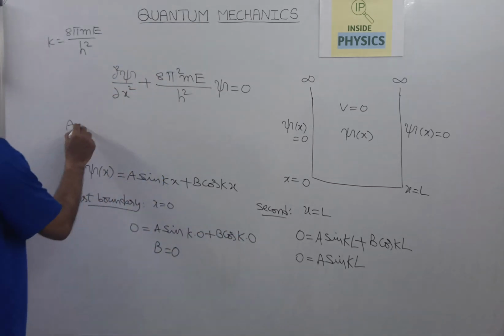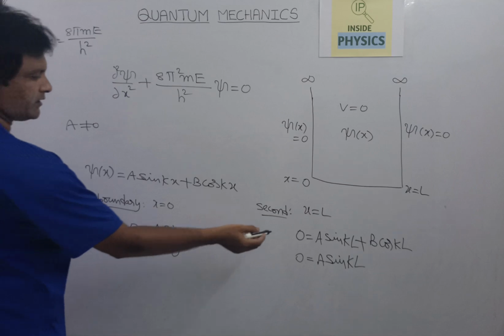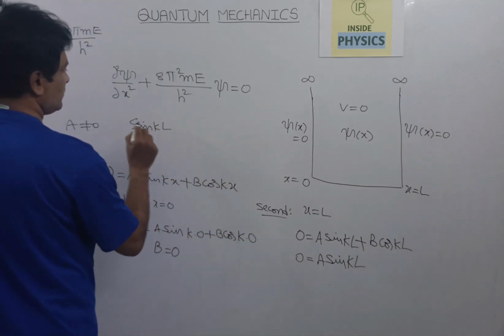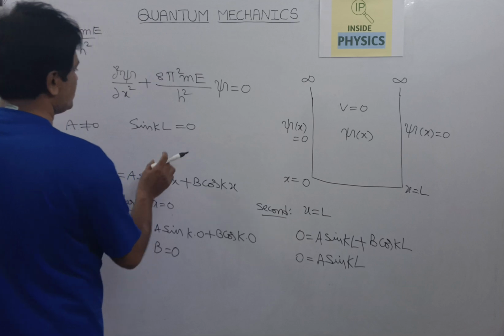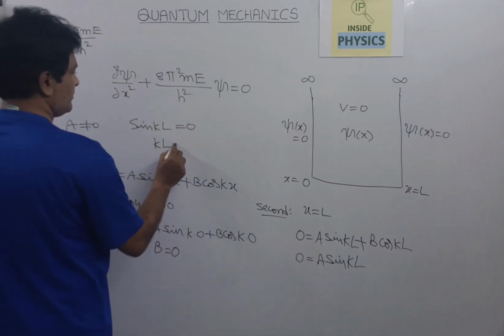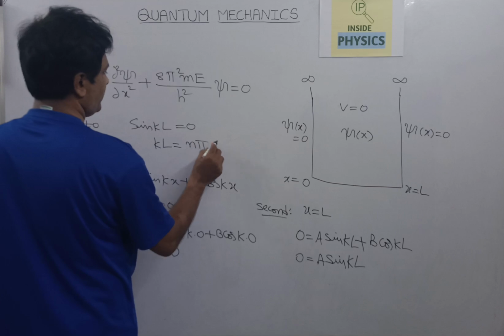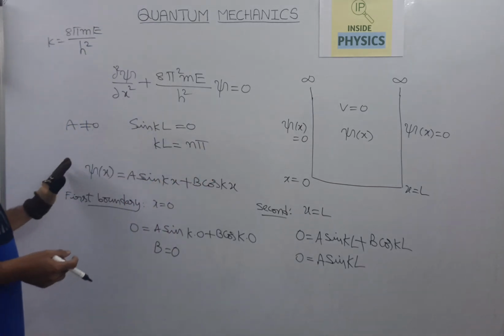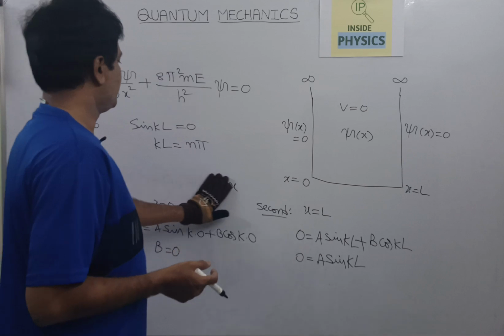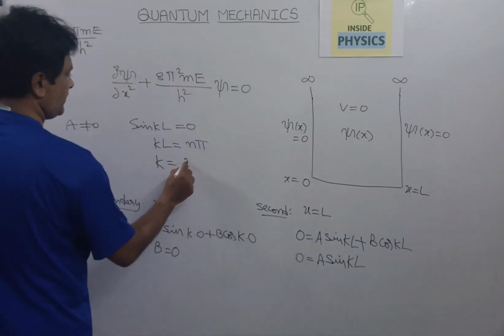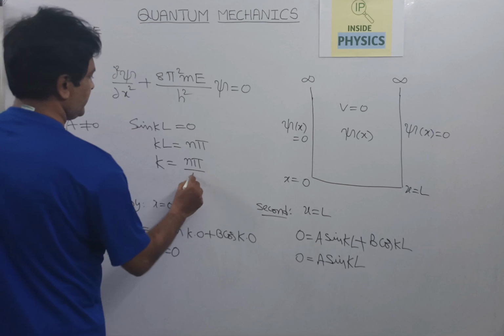What else can be 0? Sin KL must be equal to 0. So if the sin value is equal to 0, this KL must be equal to n pi, where n is an integer. Then only the sin value becomes 0. So here if you observe, k becomes n pi by L.